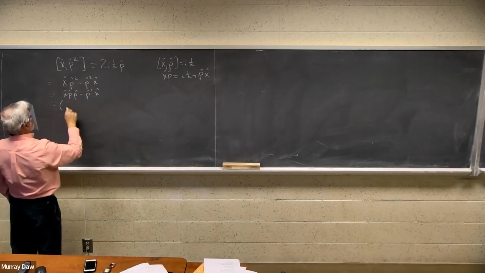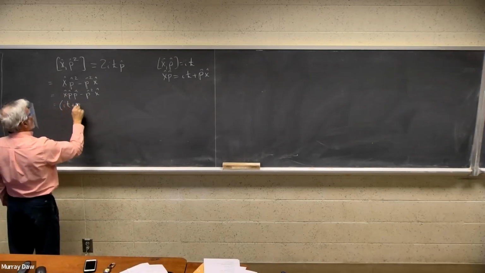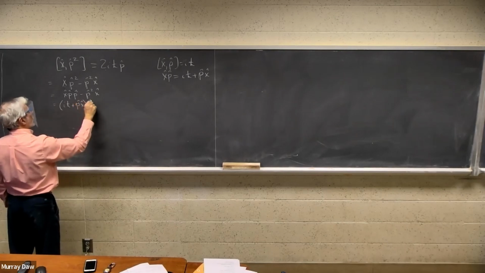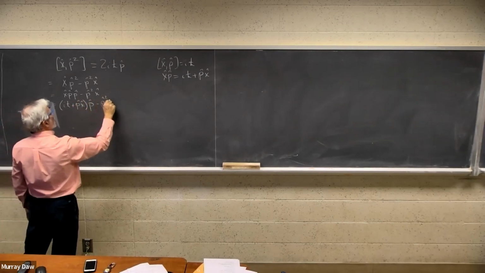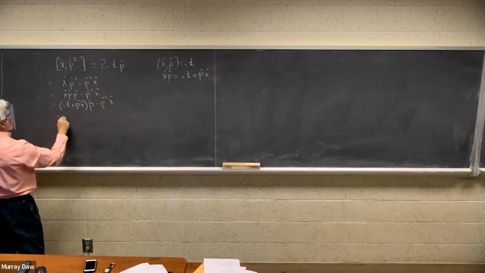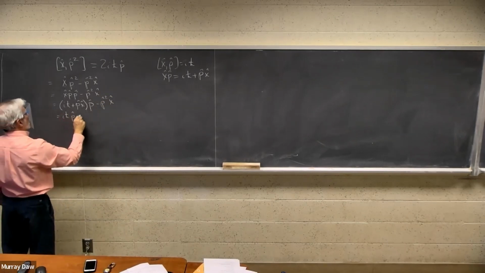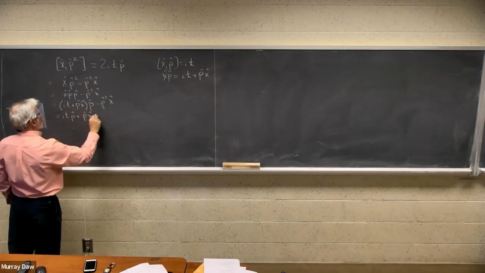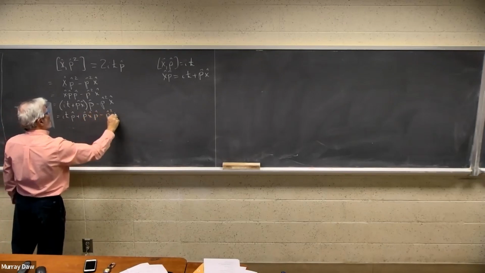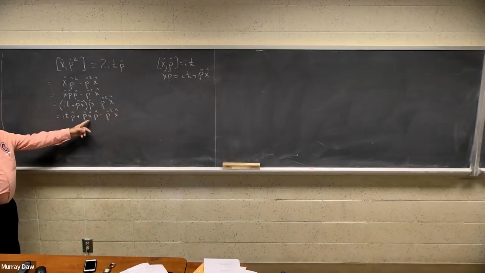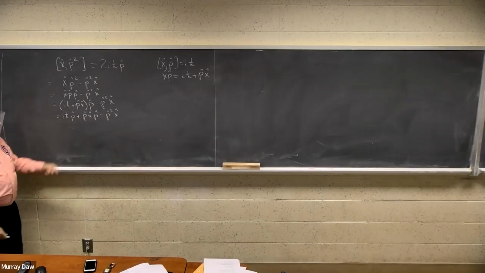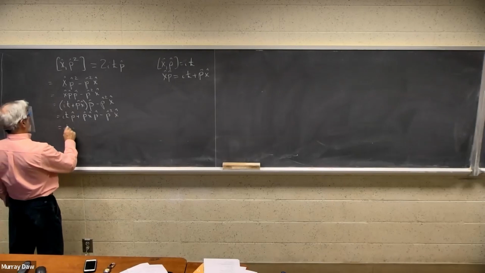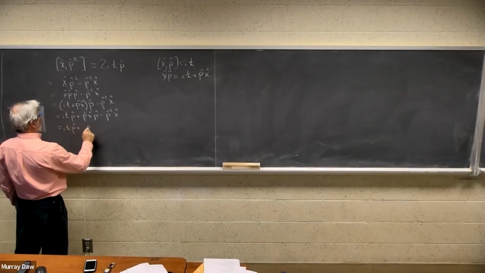Okay, so x p p then is i h bar plus p x p, oops, p x, and there's still a p over here on the right. Okay, so now you've succeeded in getting x halfway there. Push it through the last p. Write it this way.